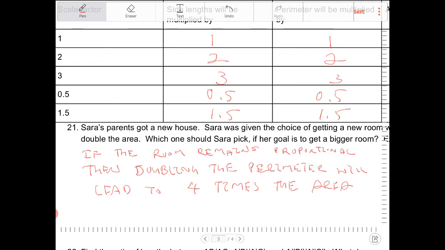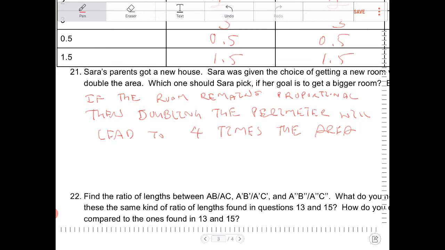Whereas if you double the area, it will not lead to anything. When I say it will not lead to anything, I mean that doubling the area is nowhere in comparison to 4 times the area.